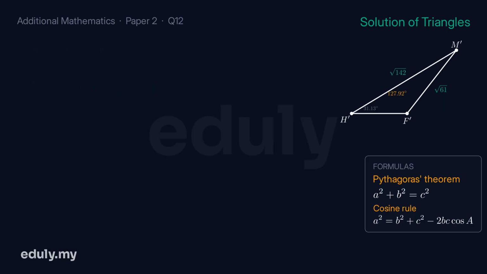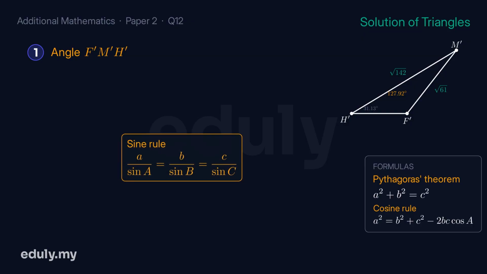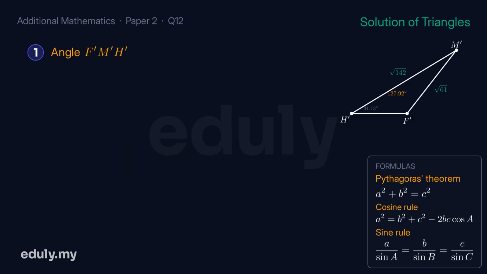Part B 2b. We keep this alternative triangle and finish it off. To get the top angle at M prime, we confirm the angle at H prime with the sine rule. The sine rule pairs each side with the sine of the angle opposite it.